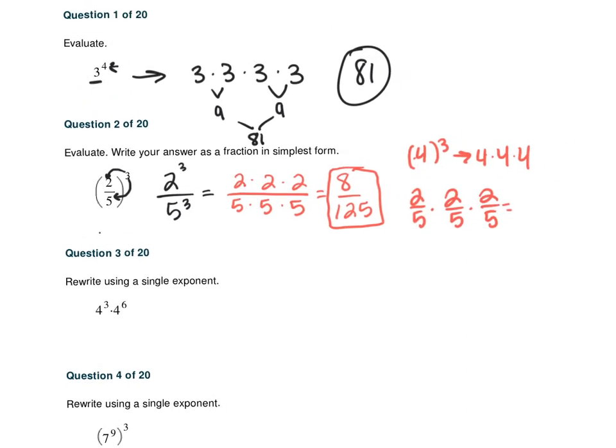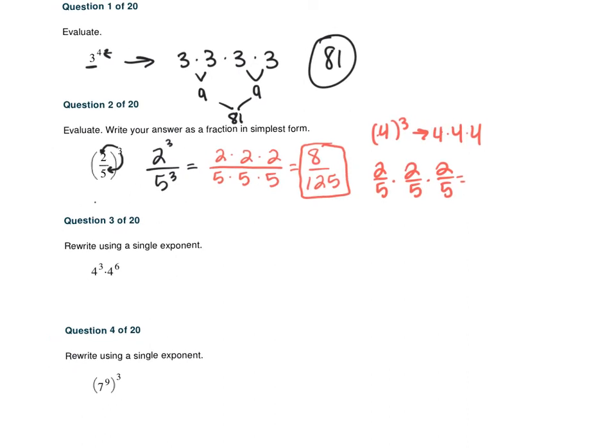And when you multiply fractions together, I'm multiplying the base times itself however many times, so in this case 3 because I have an exponent of 3. I multiply my numerators straight across and my denominators straight across. So 2 times 2 times 2 still gives me 8, and 5 times 5 times 5 still gives me 125. So there's just 2 different ways to think about this problem.